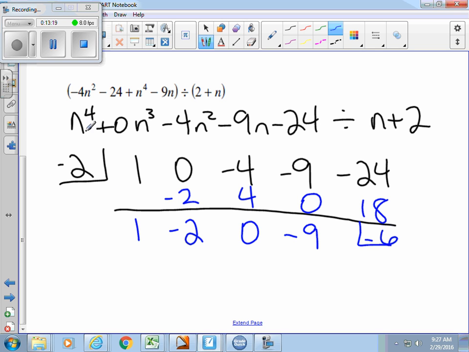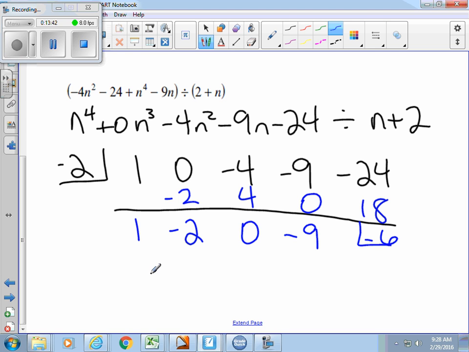Because this would be n cubed, this would be n squared, this would be n, this would be the constant. If you forget to put the placeholder in, you will feel like something's wrong. I hope it throws up a red flag because there's no constant. Don't just not write a constant down. You probably messed up in your synthetic division. Does that make sense?